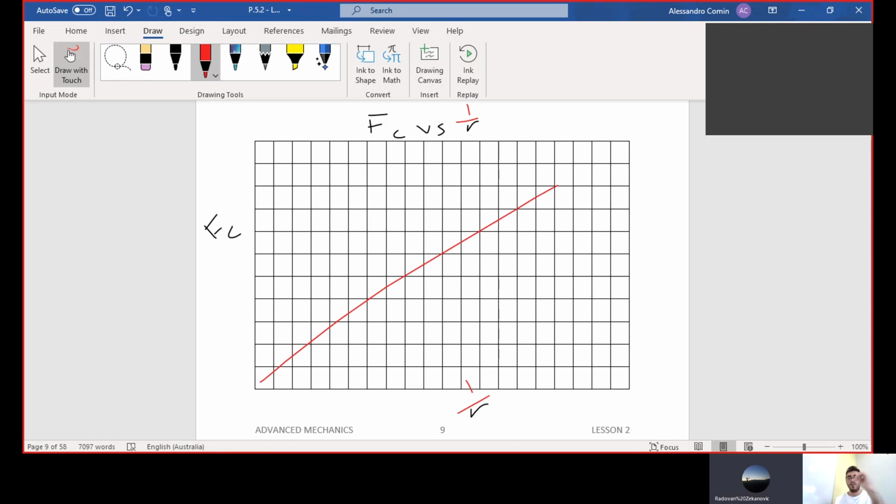So that means that the gradient G is actually going to equal FCR, because the denominator of the denominator becomes the numerator. Yep.